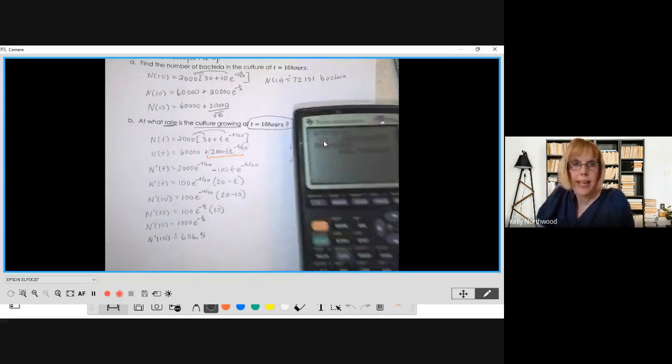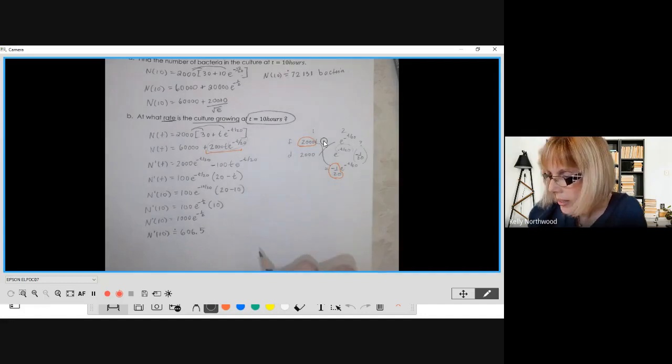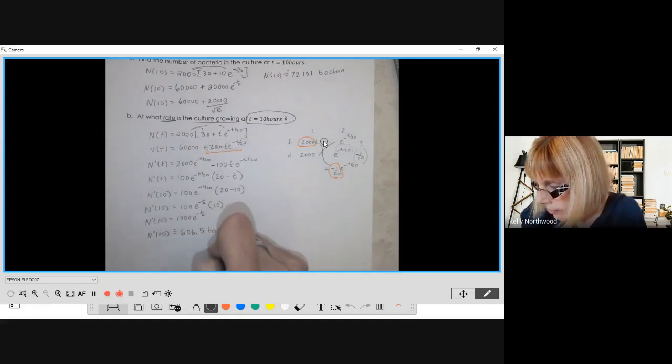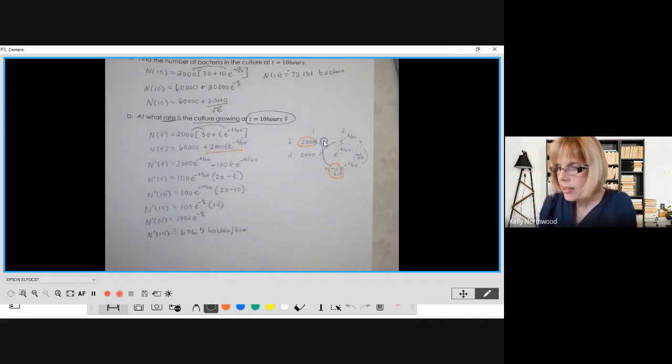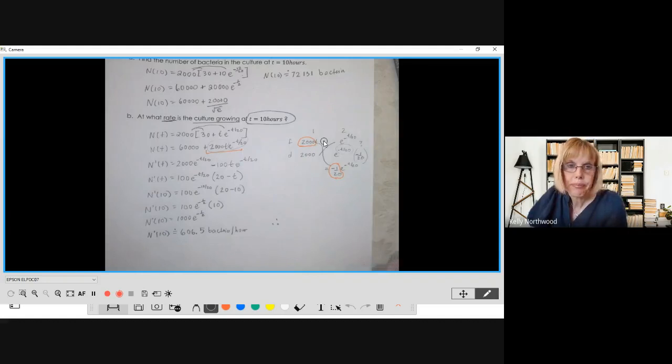And then it's a rate, so it's got to have units. So it's going to be bacteria per hour. And then I need a therefore statement because it's a word problem.